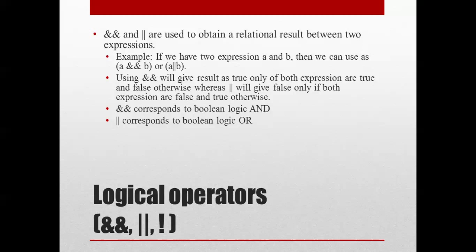The pipe is on most keyboards just under the backspace. It's a straight line. It's called pipe. That means OR, a logical operator in C++, and double ampersand means AND.